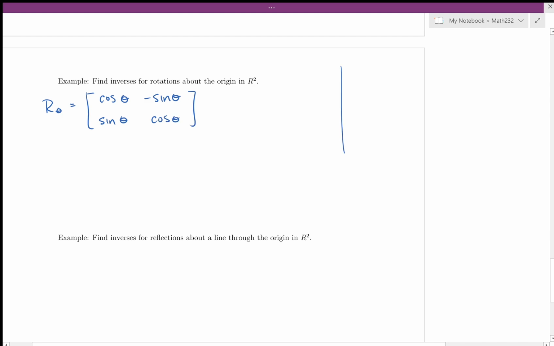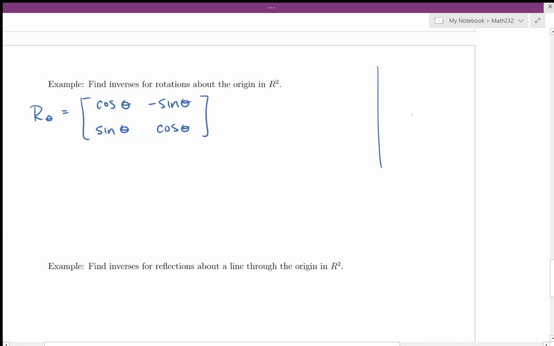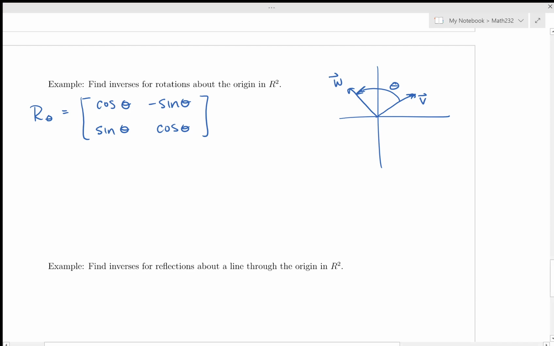And that is this. We take a vector, v, there it is, and we rotate it by an angle theta. We get over here. It's the same length. So we rotate it over to here. Let's call it W. Okay, I think it's fairly obvious that if we want to get back to where we started from, to undo this, we would go like that, and we would rotate by an angle minus theta.